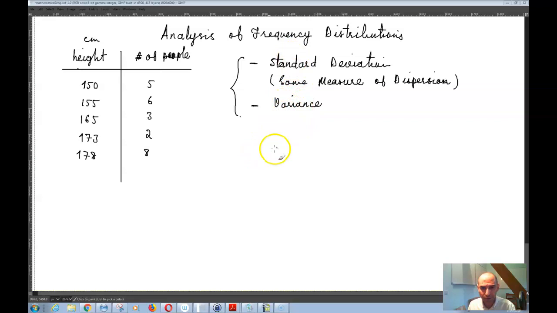Now we said that variance was sigma squared, which was the sigma of f of i times x of i minus x bar, whole squared, as i goes from 1 to n, over the sigma of f of i as i goes from 1 to n.